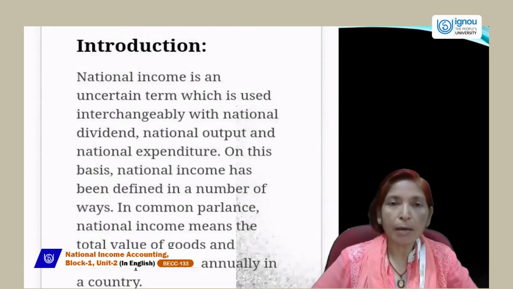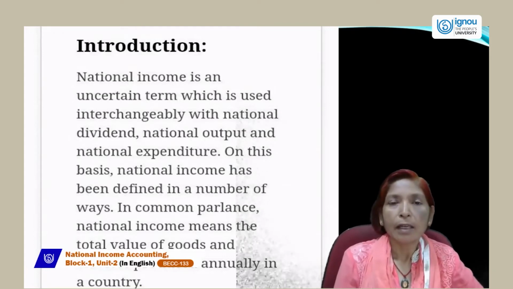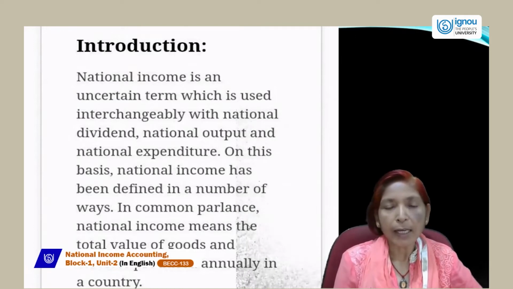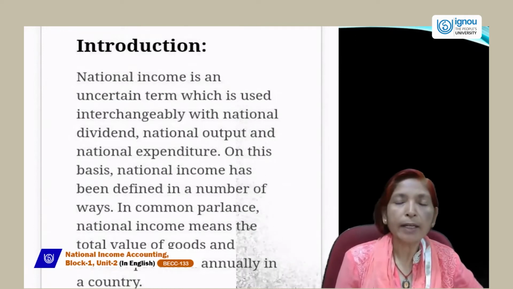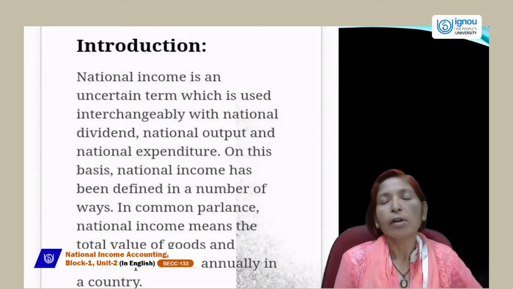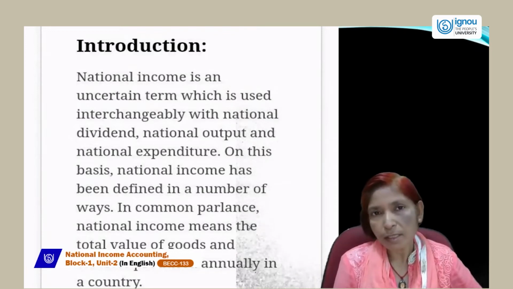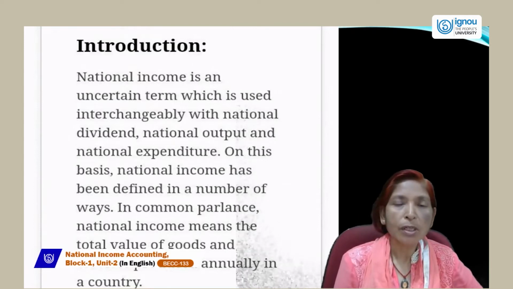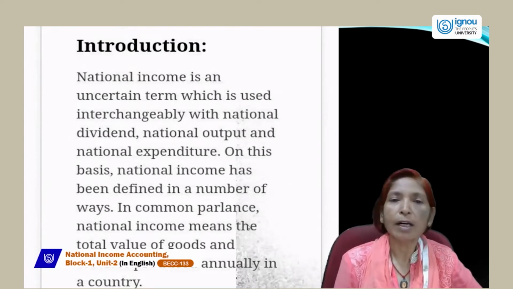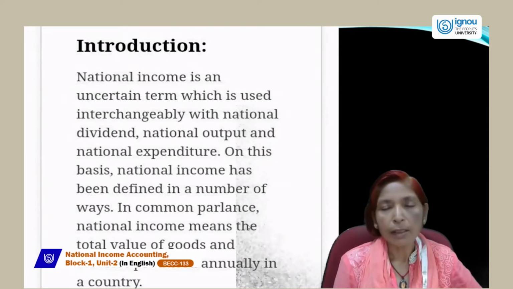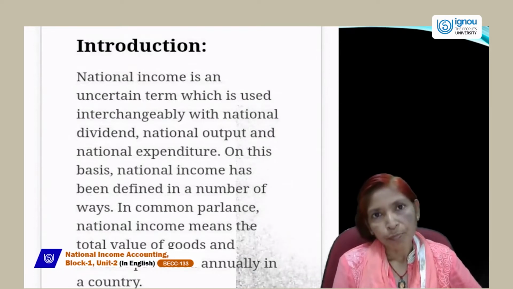So according to the value added method, national income is the sum total of all final goods and services produced by the normal residents of a country in an accounting year.